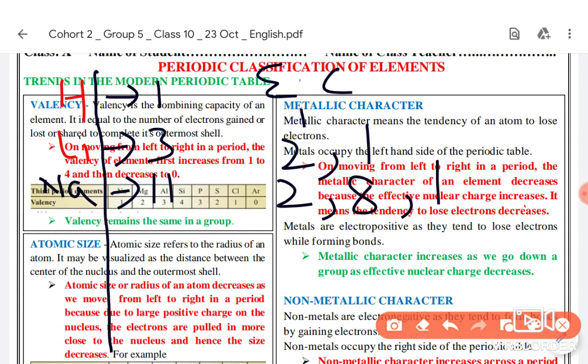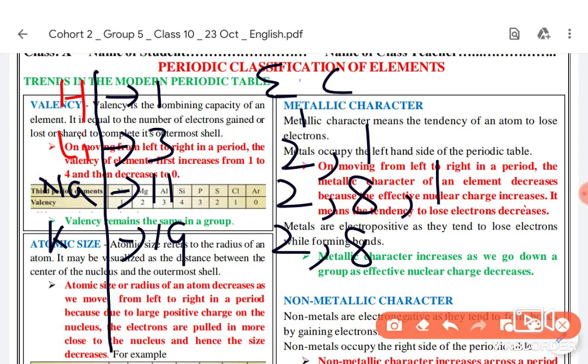Now the next element in the same group after sodium is potassium, symbol K. Its atomic number is 19, so the electronic configuration begins 2, 8.